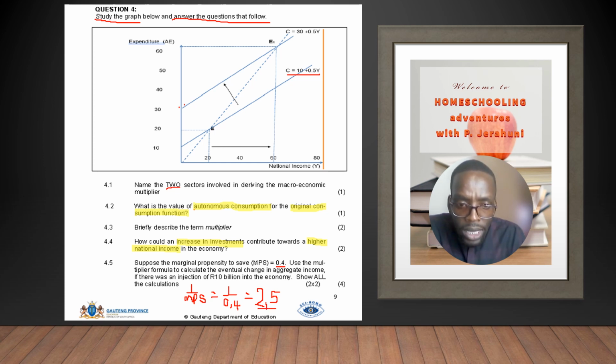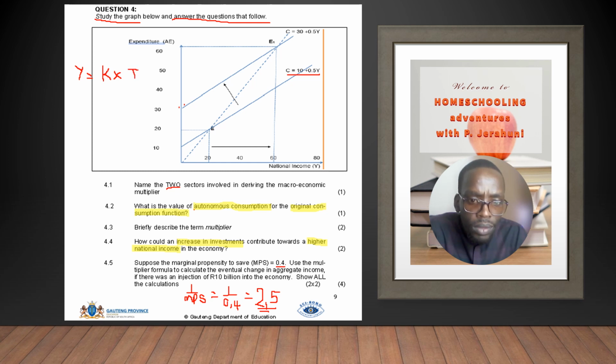So now for us to calculate the eventual change in our national income, it would now mean that our national income is going to be equal to the multiplier times our injection.